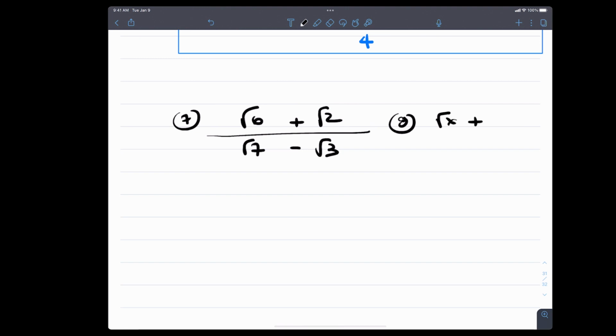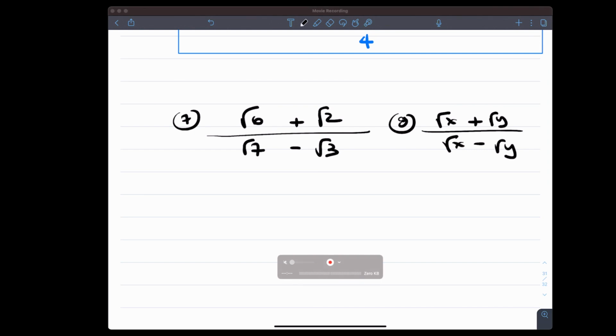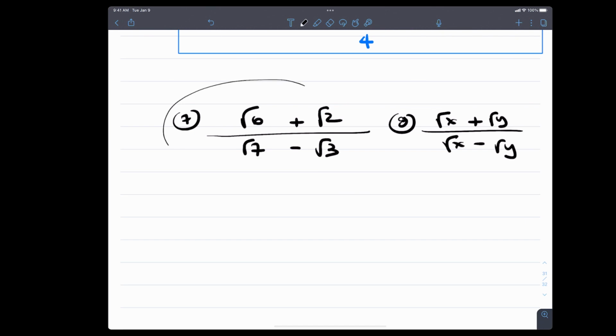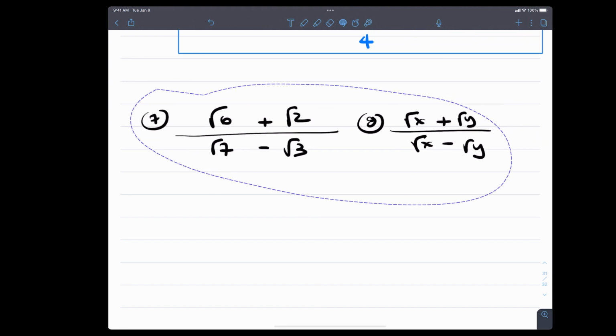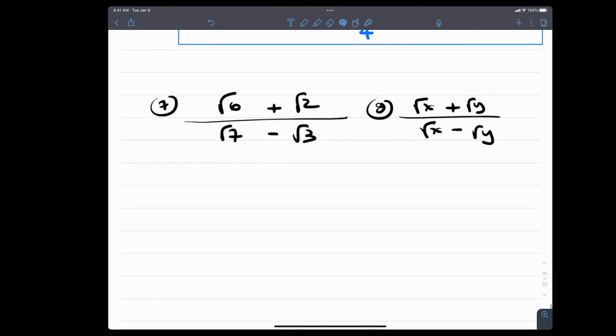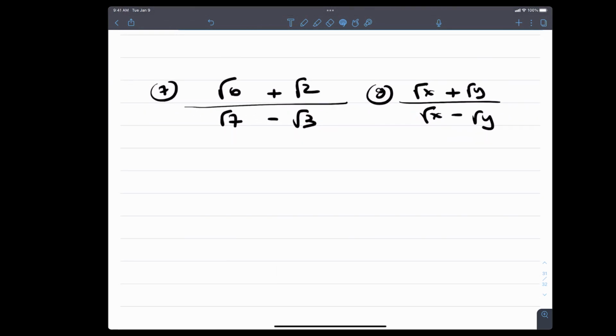Square root of x plus the square root of y over the square root of x minus the square root of y. Okay. I want to give you guys time to try these out and see what you guys get. Let's give you guys the timer. Try these out, ladies and gentlemen.